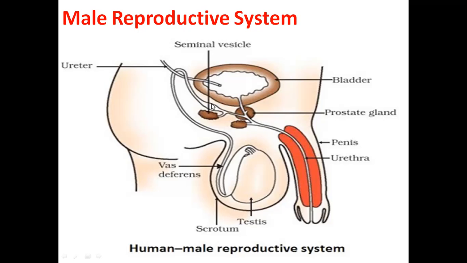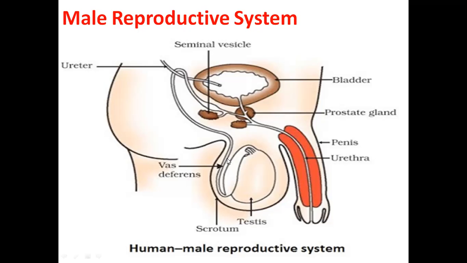Now another thing that you can see, this is the seminal vesicle as well as this prostate gland, which release their secretion in this. So this germ cell will convert into fluid, and that fluid can easily move inside the vagina to reach up to the site of fertilization to fertilize the female egg.